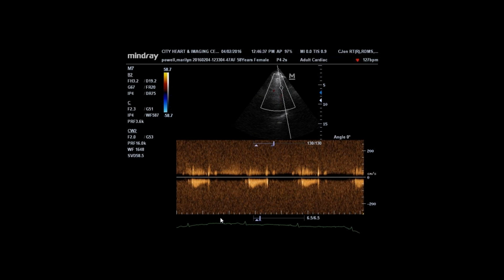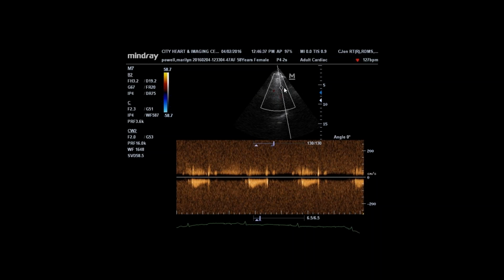But in diastole, which is from the end of the T wave to QRS, in diastole you have this little thing here. So it's above the baseline. So therefore it's a flow towards the transducer across the pulmonic valve. This is pulmonic insufficiency, pulmonary regurgitation. Transducer is right there.